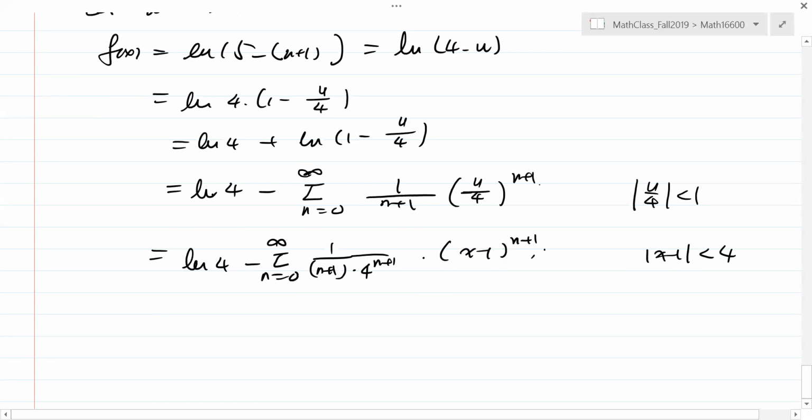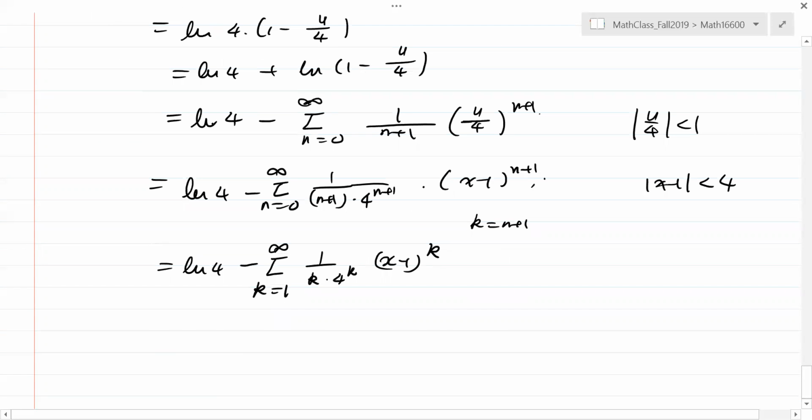Maybe you can rewrite it again because you don't like that n starts from 0, but actually n plus 1 starts from 1. So k starts from 1, with k times 4 to the power k, times x minus 1 to the k. That's better.